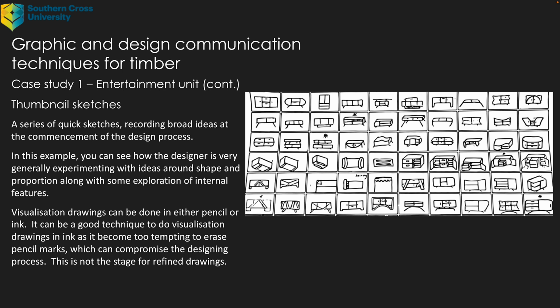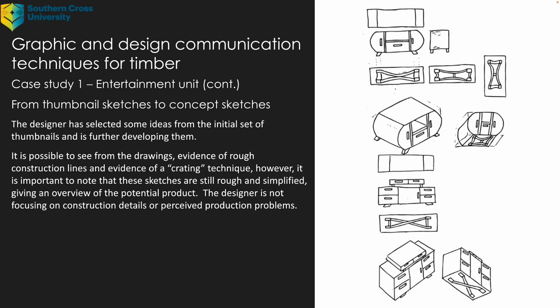Now, the other thing to note, just by looking at these thumbnails, you can see that a few of them have got some asterisks in there. So you can see from this general experimentation stage where the designer might be going with this project. So from thumbnail sketches to concept sketches. The designer has selected some ideas from the initial set of thumbnails and is further developing them.